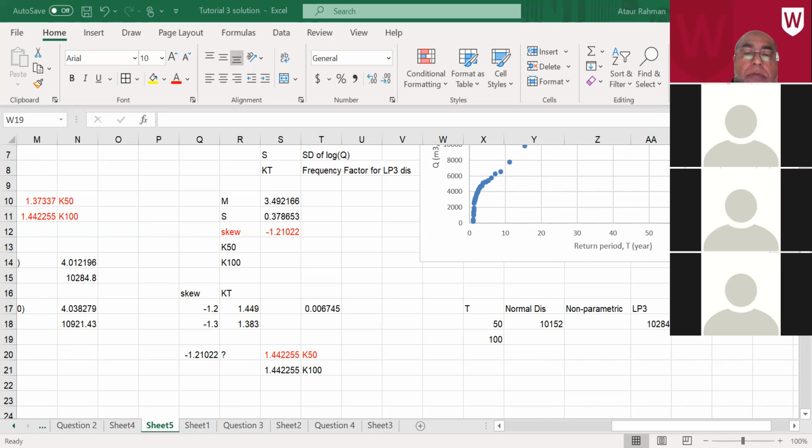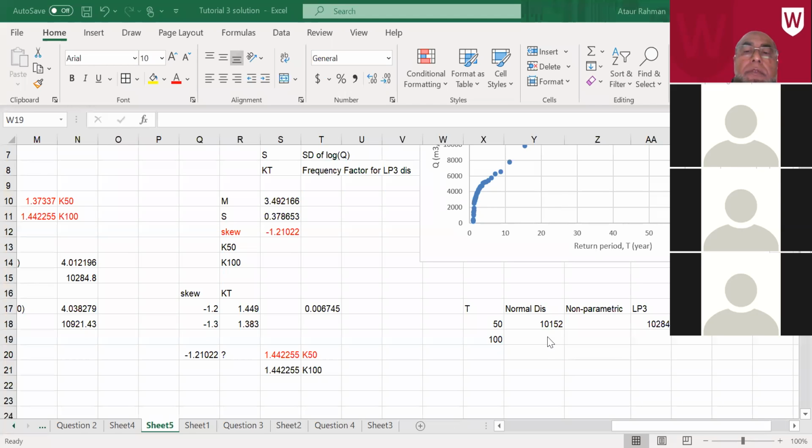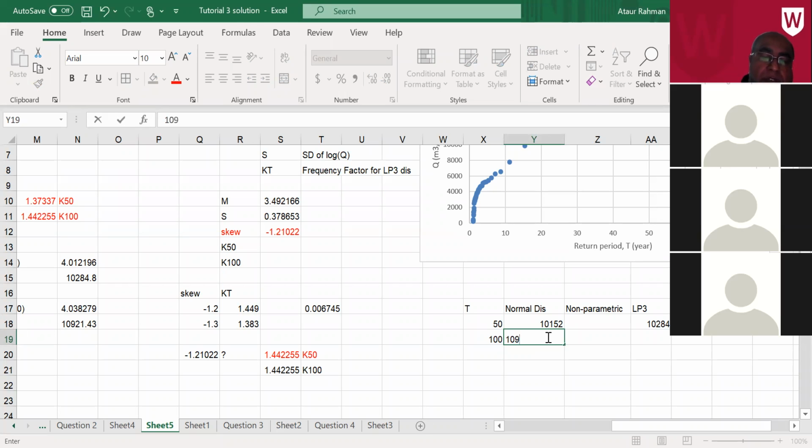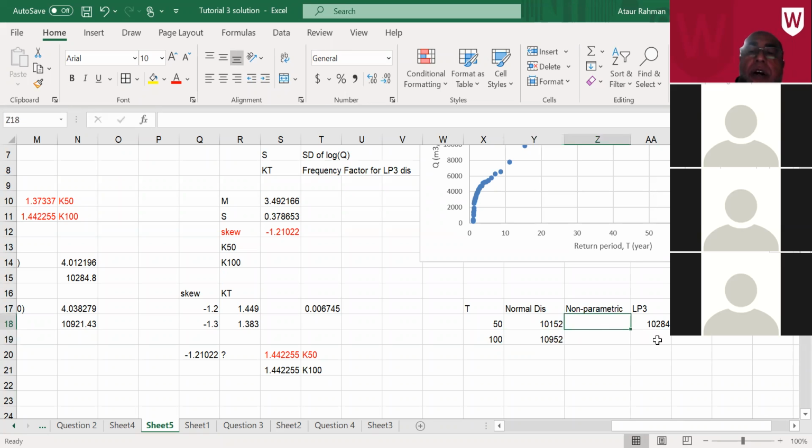For normal distribution, it's 10,952 for Q100. So how much did we get for Q100? 10,952. Yep. And for LP3, how much did we get? 10,921.